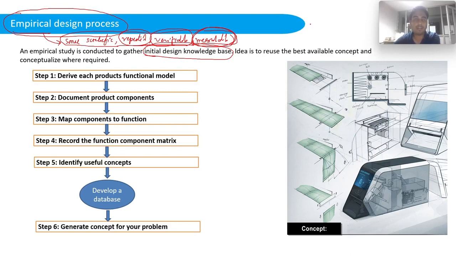So whenever we come across some new problem area, and we do not have an idea how to solve it, we use some sort of design knowledge base to generate ideas, because the problems are not always like design a refrigerator or design a television.